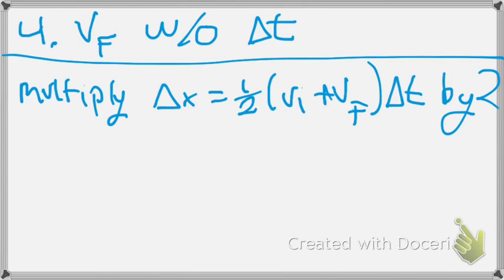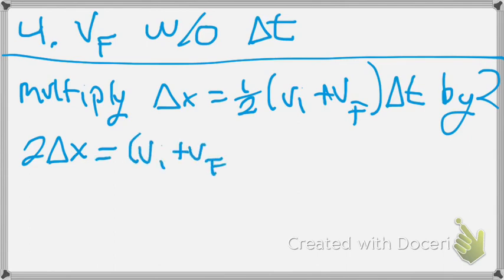So we're going to multiply this by 2, just to get rid of that 1/2 on the one side. That'll leave us with the equation 2 times the displacement is equal to velocity initial plus velocity final times change in time.